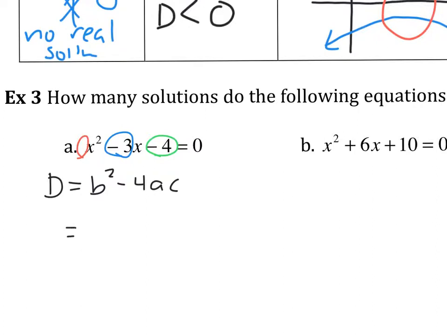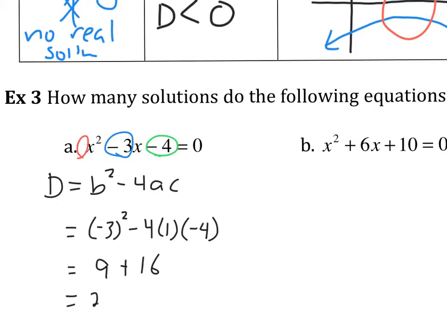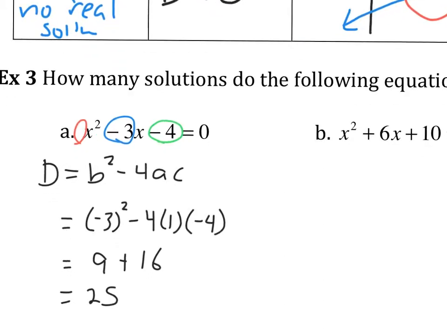So the d is equal to negative 3 squared minus 4 times 1 times negative 4. When you simplify this, I get 9 plus 16, and so d is equal to 25.